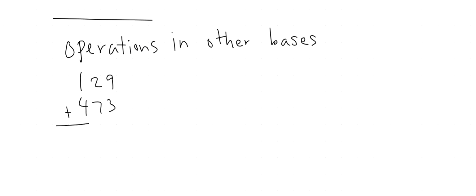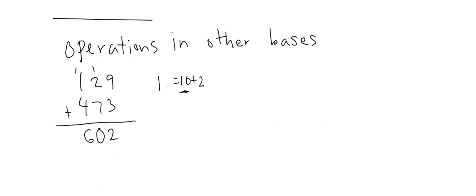So we know that 9 plus 3 is equal to 12. So that means we have to put a 2 here and carry the 1. Why is that? It's because 12 is equal to 10 plus 2. Because 10 is a higher place value, we have to put it in the correct place, the tens place, right? You don't think about it a lot when you do base 10 arithmetic, but you need to pay attention to it in other bases.